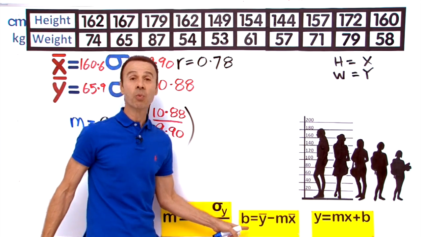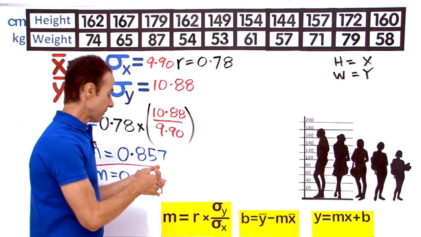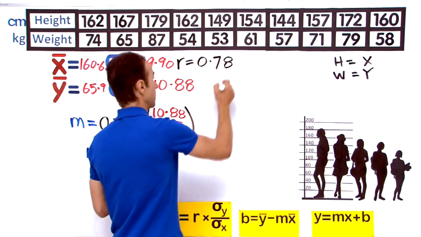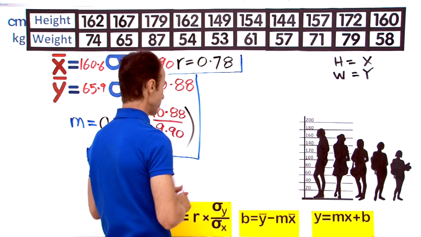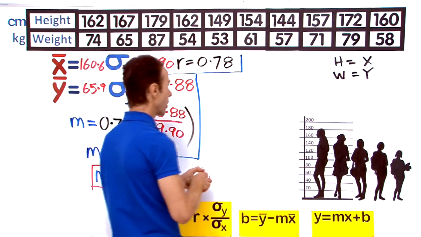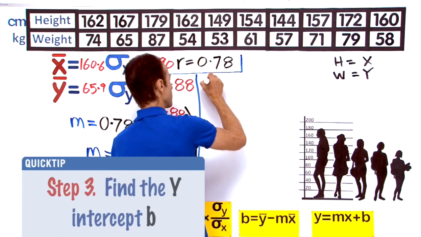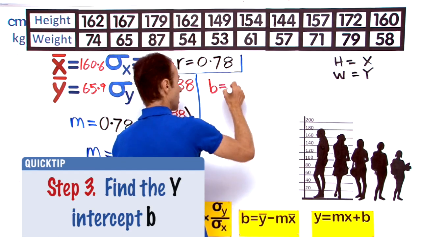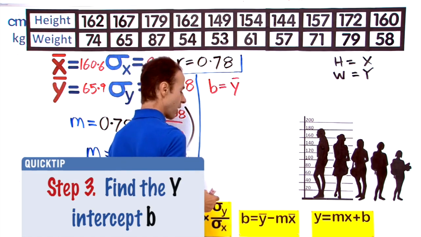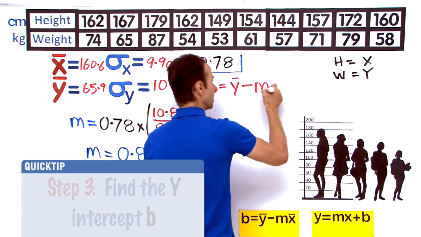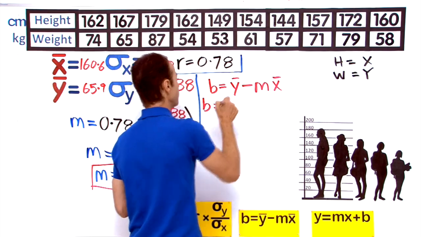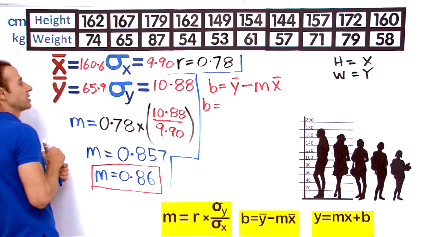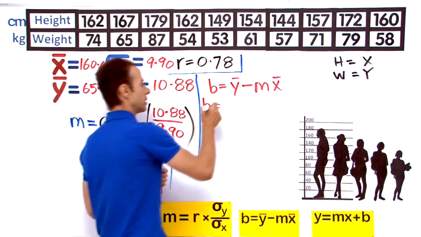We want to work out the y-intercept. Okay, for the y-intercept, let me just put a little boundary there. So B equals the y-intercept, the mean for the y-scores minus gradient times the mean for the x-scores. So B equals, the mean for the y-scores is 65.9.